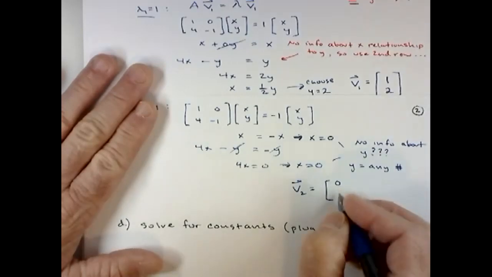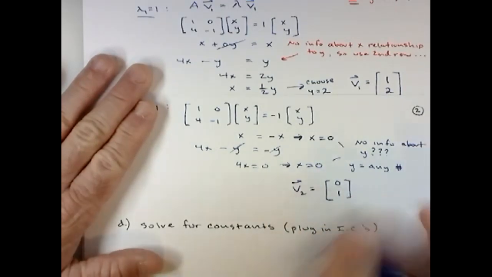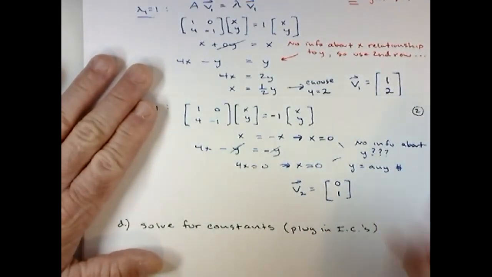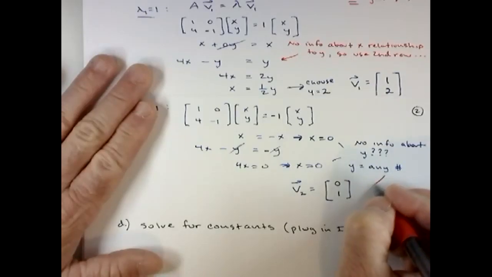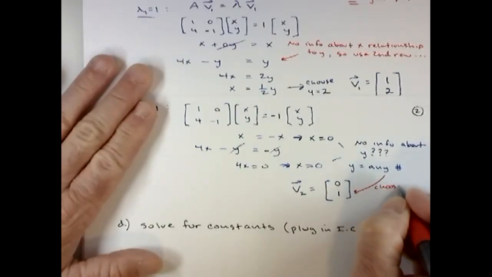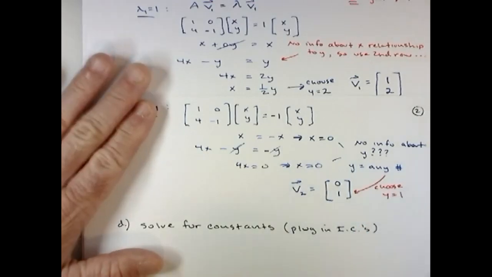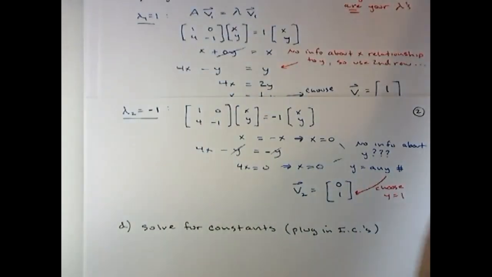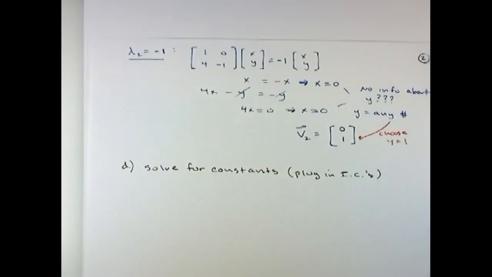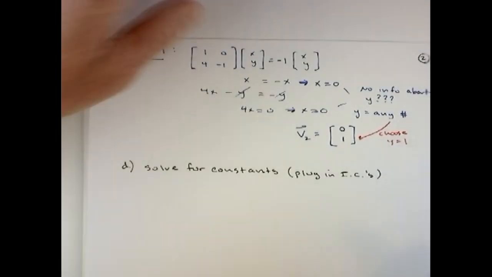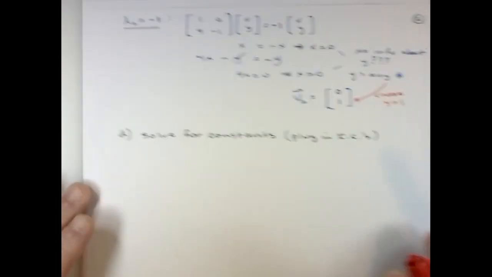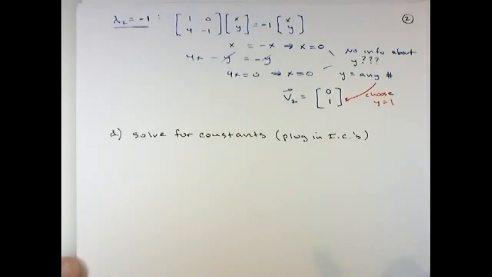Yeah, I would just choose 1. So I'll put any number. So how about we just choose y equals 1. But if you chose 2 or 3 or even -1, that would be fine as well. We'll talk a little bit more about why you can have multiple eigenvectors coming up here.